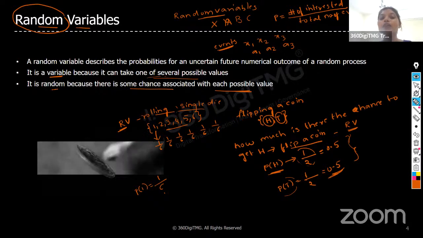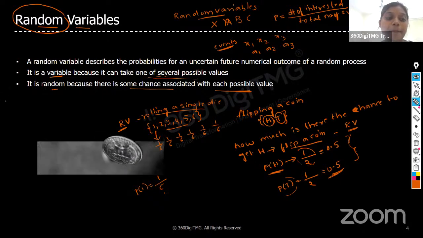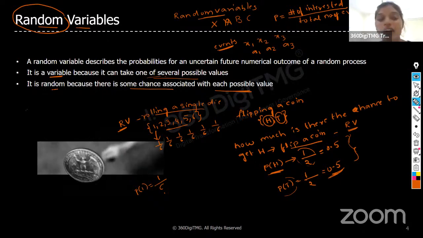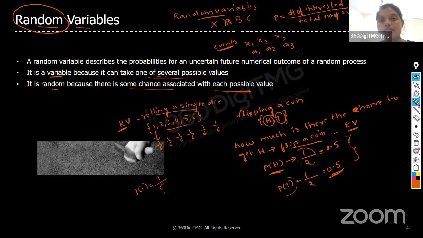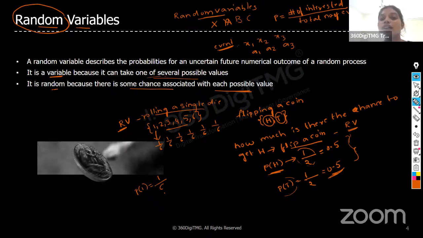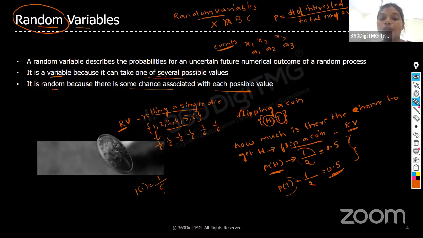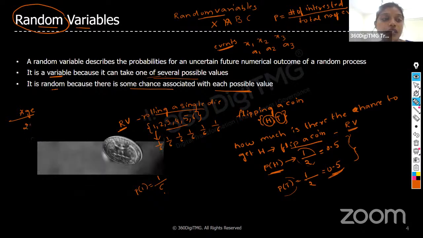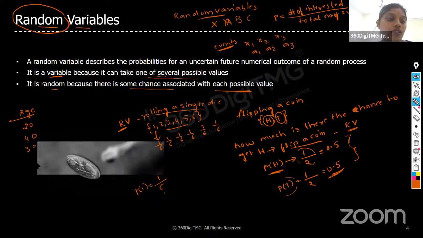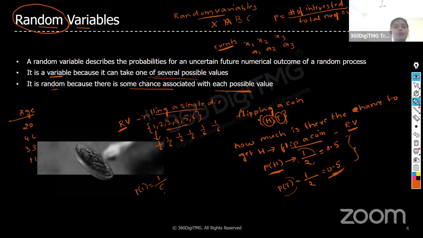You also have to keep in mind that a random variable is always represented in capital letters, and the events or outcomes are represented with small letters. Imagine there is a column age, and there are many possibilities for age like 20, 40, 33, 11. All of these values may be possible for the age column.